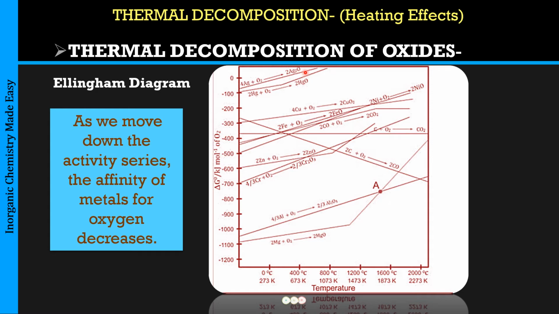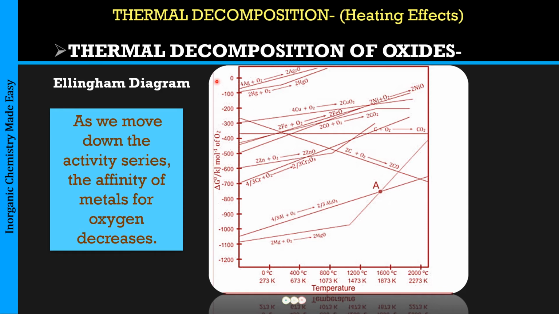So here what you can see on the top of this chart is silver and mercury. What this means is that the tendency of silver and mercury to combine with oxygen to form metallic oxide is the least, or the breaking down of silver oxide and mercury oxide to obtain the corresponding metal is going to be the maximum. And that is what we are learning over here also, right? As we move down the activity series, the affinity of the metal for oxygen is decreasing.